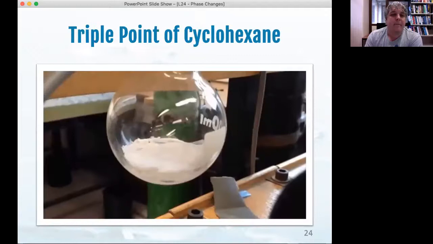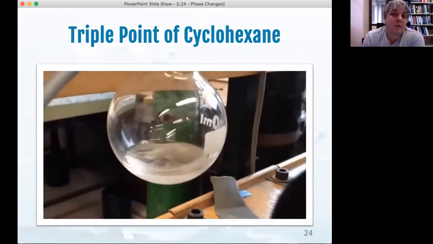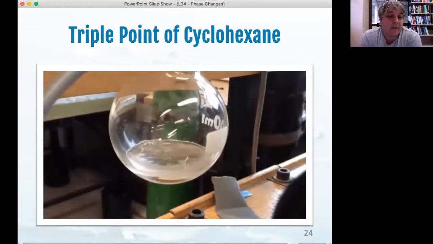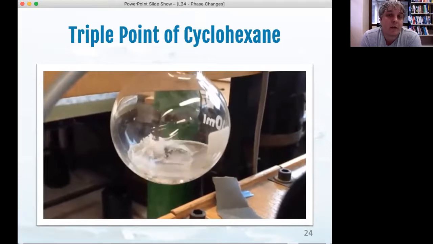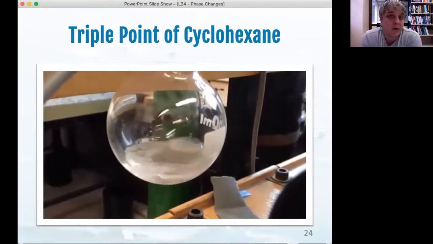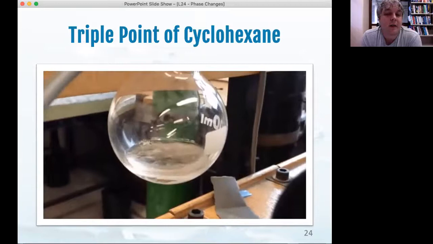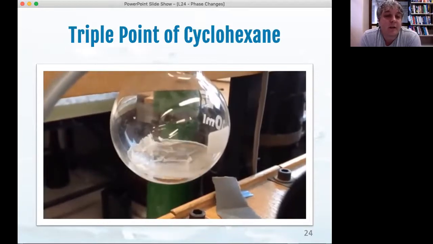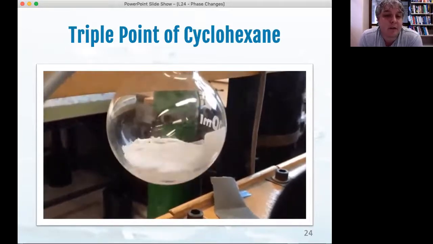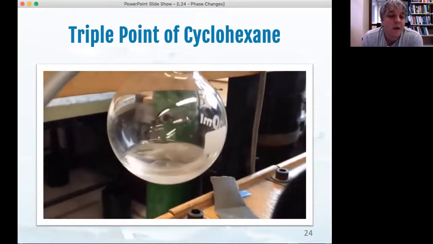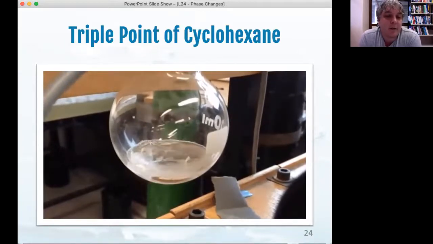Cyclohexane is a substance which has a triple point that is closer to our obtainable pressures in our lab. And so here you can see a glass sphere with some cyclohexane in it. They've lowered the pressure a little bit.